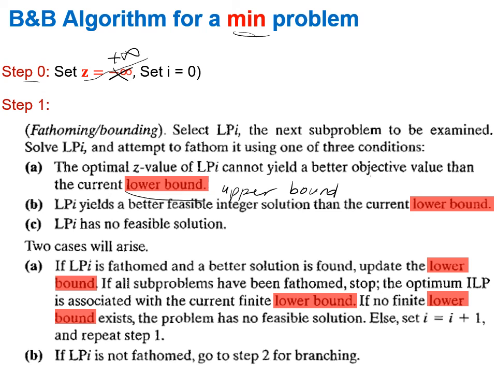If the LP yields a better feasible integer solution than the current upper bound, we can fathom it. And if the LP has no solution, we can fathom it. Then if the LP is fathomed and a better solution is found, update the upper bound. So in a minimization problem, we find an upper bound by an integer solution, not a lower bound. Every lower bound is changed to an upper bound in the minimization case. All others are the same.